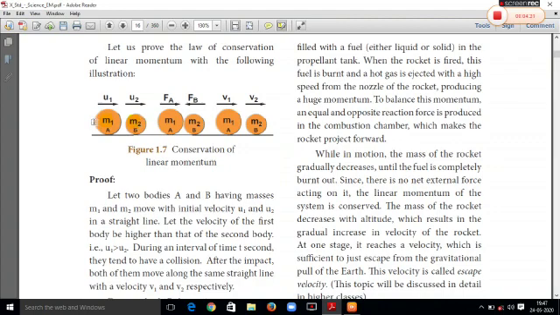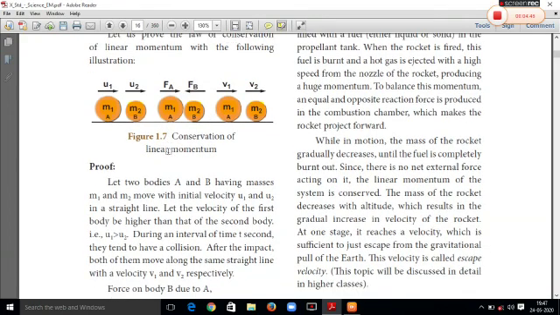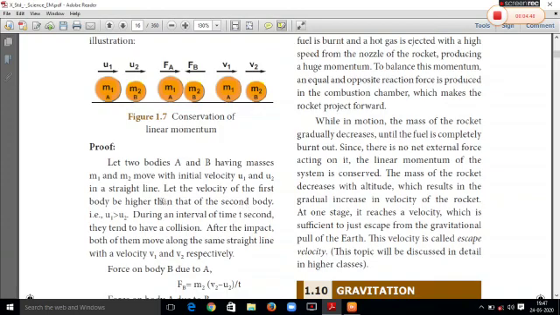After the impact, both bodies move with velocities v1 and v2. Now, force on body B due to A, Fb is equal to m2 (v2 minus u2) by t. Force on body A due to B, Fa is equal to m1 (v1 minus u1) by t.